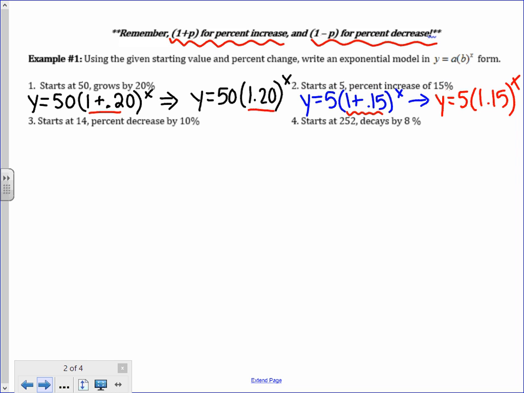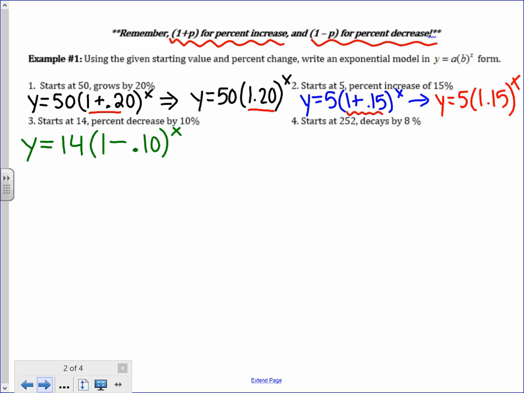All right, number 3 and 4 are both going to be decreasing exponential functions. So I'm going to write an equation that starts at 14, so that's always the first number that's written down in an exponential, and is percent decreased by 10%. So I'm going to have 1 minus 10% to the x power.